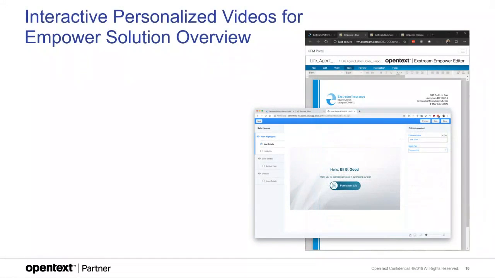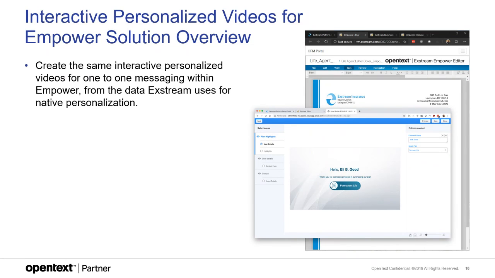Now, the next thing to discuss is the Empower integration. This allows you to use the same interactive personalized videos, but created using the user interface that's launched within OpenText Empower or Exstream Empower.